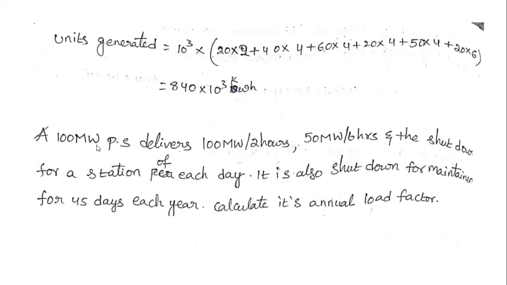Next, coming to the second problem. A 100 megawatts power system delivers 100 megawatts for 2 hours and 50 megawatts for 6 hours, and the station is shut down for the rest of each day.